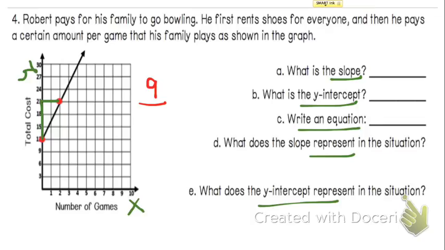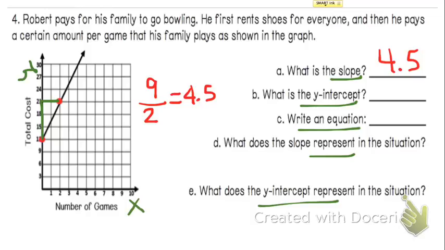So I'm going up 3, 6, 9. My x's are counting by 1, so I'm going over 2. So 9 over 2, and then if I reduce that, I get 4.5. So my slope is 4.5. Or in this case, because we're talking about money, it's going to be $4.50.